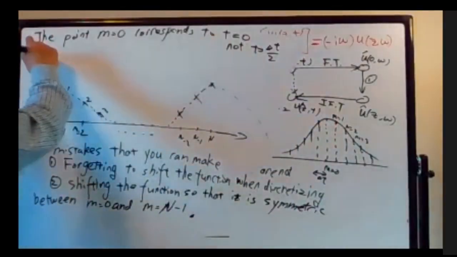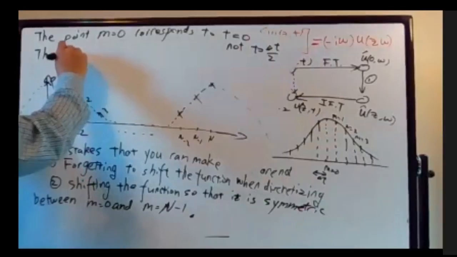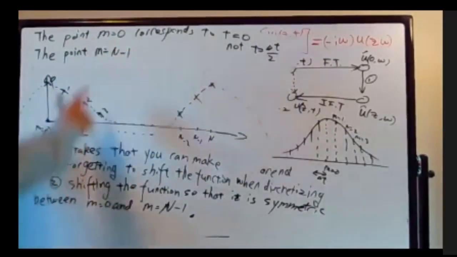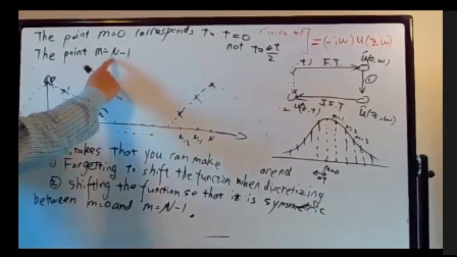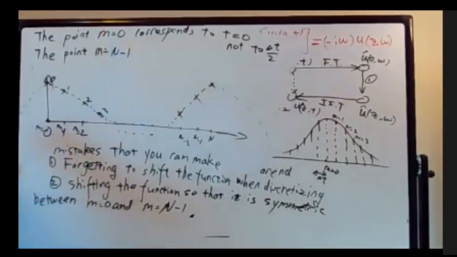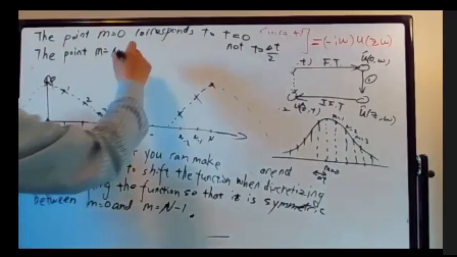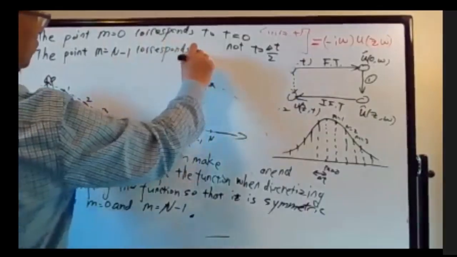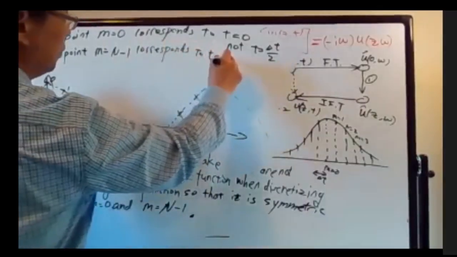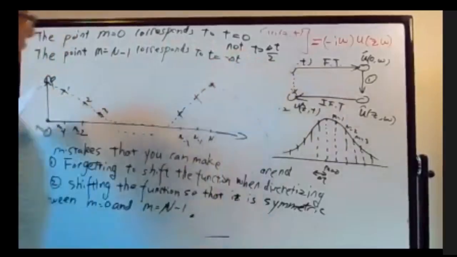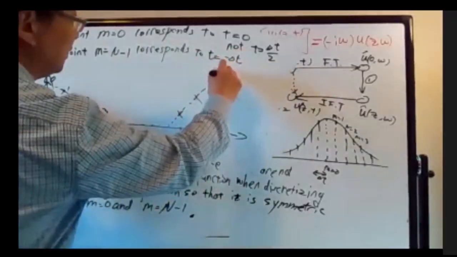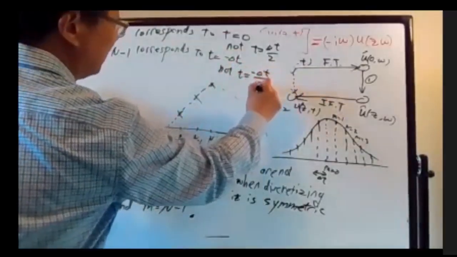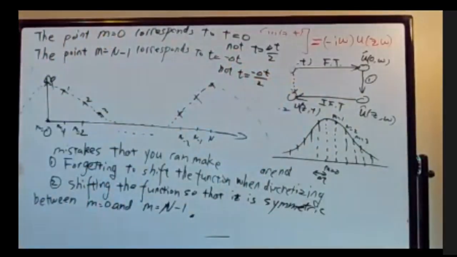So the point M equal to N minus 1. If M equal to N, that's the same as M equal to 0, corresponds to t equal to negative delta t, not t equal to negative delta t over 2.